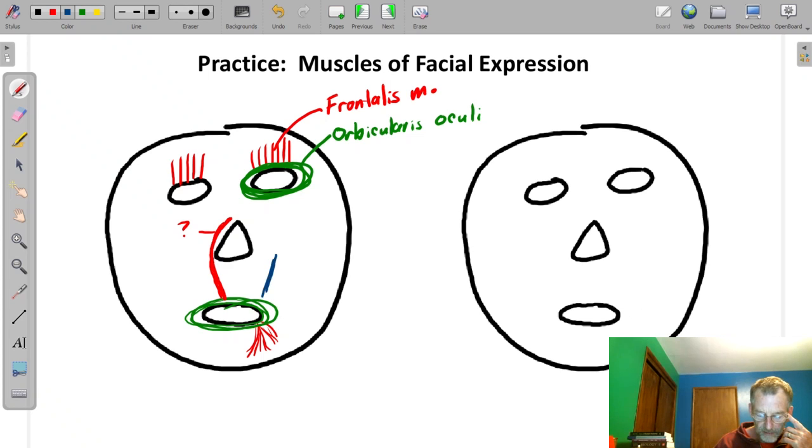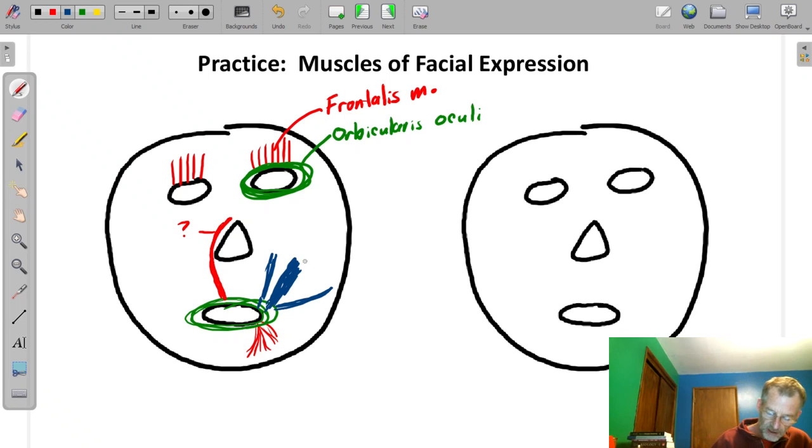Let's see, we have a couple muscles that run down like this. No, that's good enough for artwork. It doesn't have to be pretty. And then we have another one that sort of runs out this direction. So identify those and do the rest of them. Okay? So, that'll keep you busy for a little while. Practice the spelling. And I think I've given you enough guidance on how to approach the muscles of facial expression.